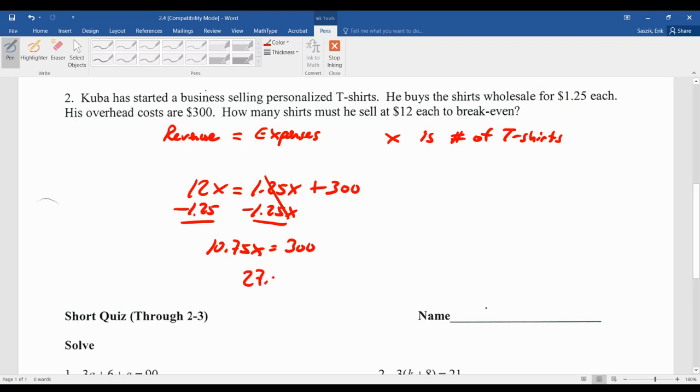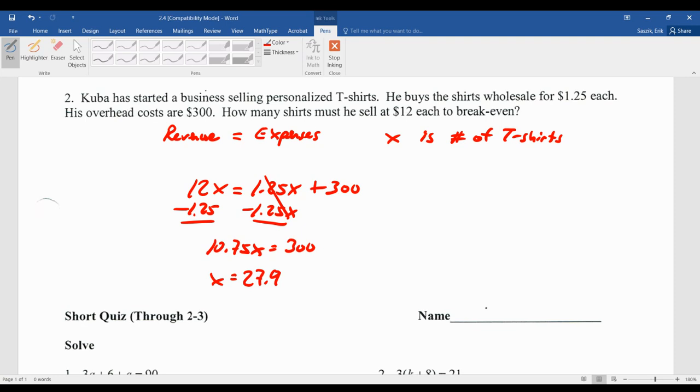This is interesting too, 27.9. Now remember, X is number of shirts. You can't have 0.9 of a shirt. But unlike the other problem, like a flat shipping fee, see here we're breaking even. So Kuba would have to sell 27.9 shirts to break even. Well, you can't sell 0.9 of a shirt.